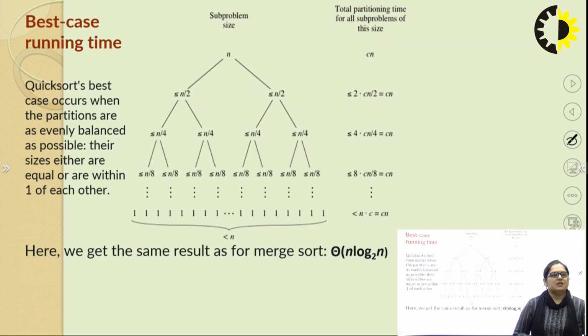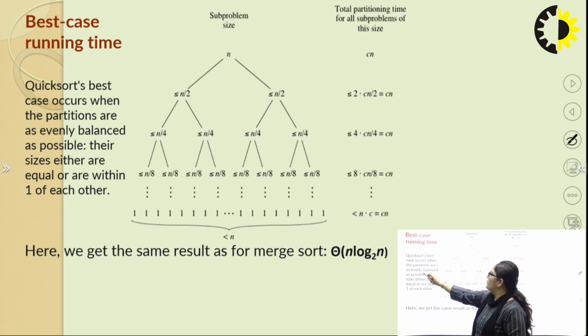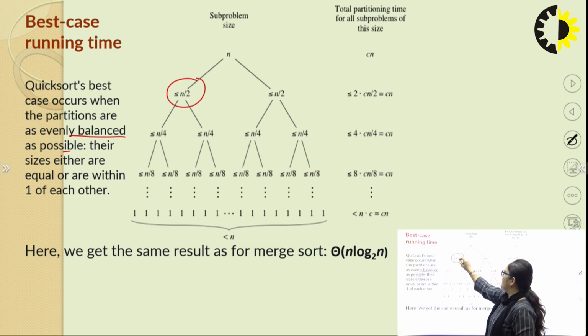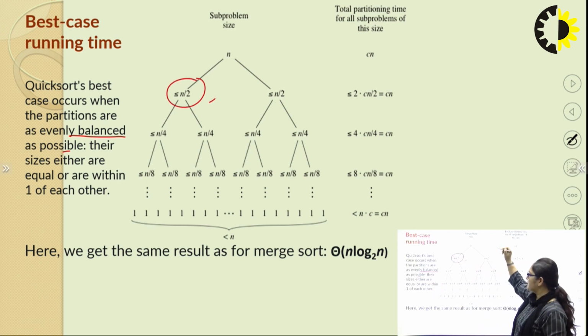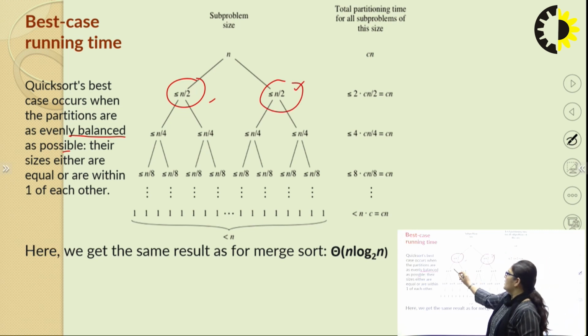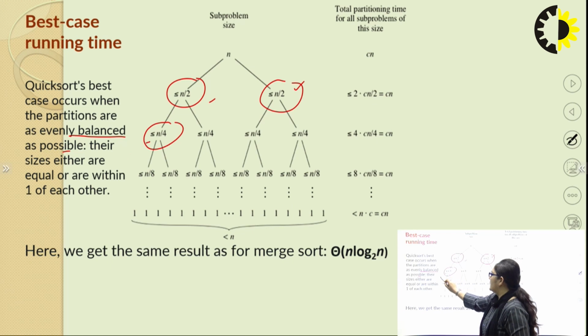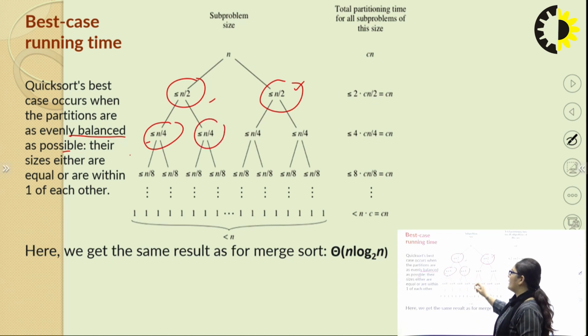and this is the best case. Best case occurs when every time we are getting evenly balanced partitions. It means in the left subarray we are getting n/2 elements and in the right subarray we are also getting n/2 elements. Again in the left subarray we are getting n/4 elements, here we are getting n/4 elements.